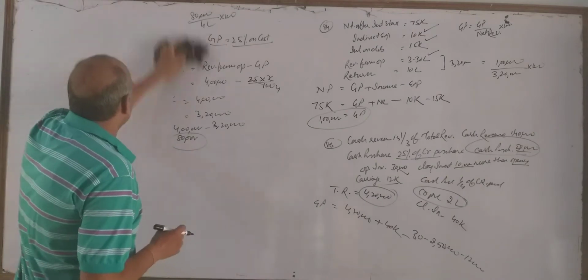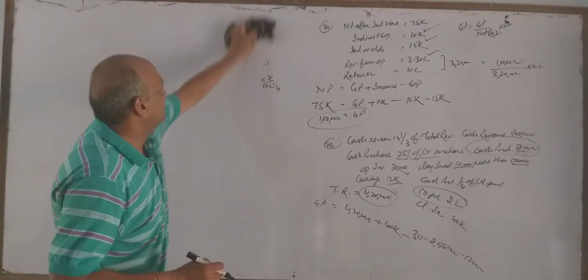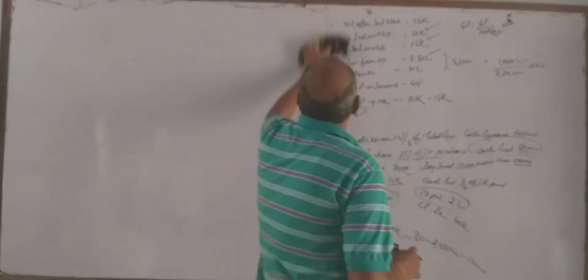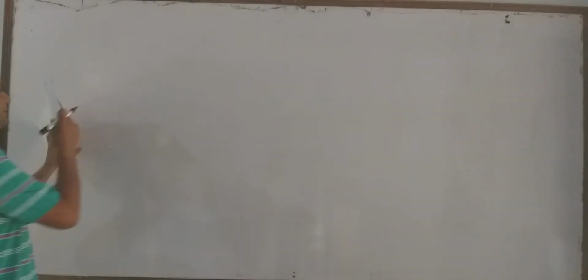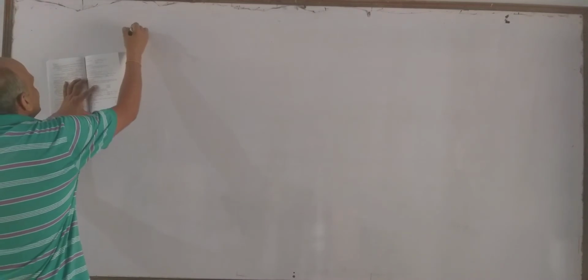Gross profit ratio. We will be doing sum number 89. Illustration number 89.